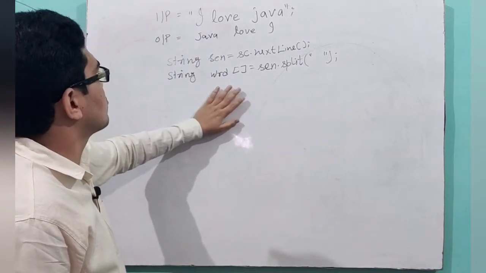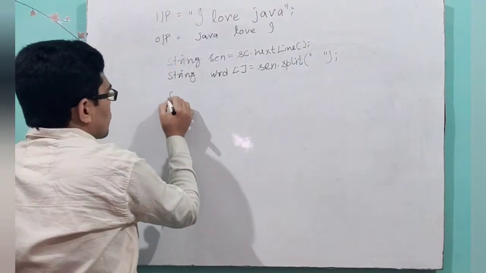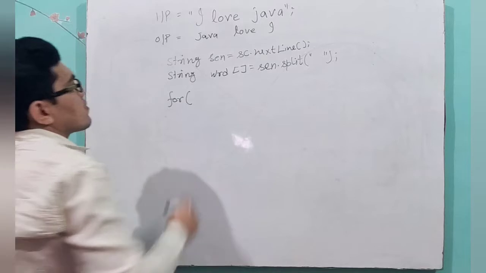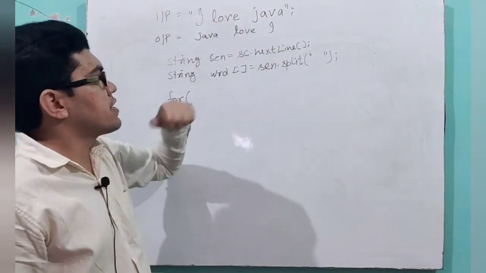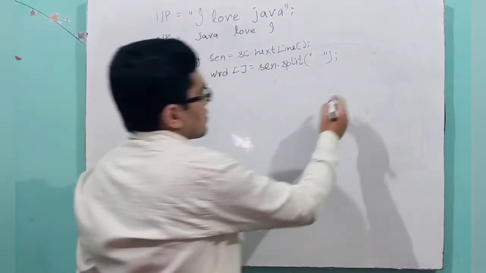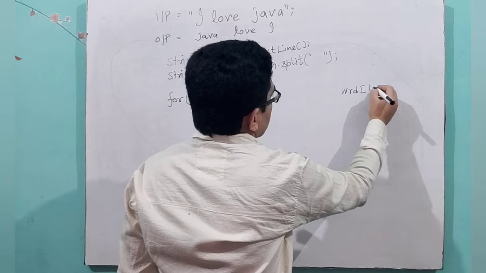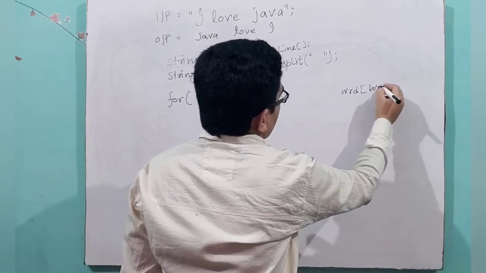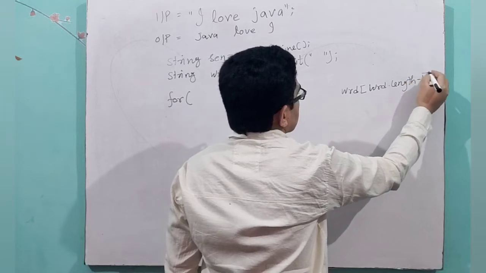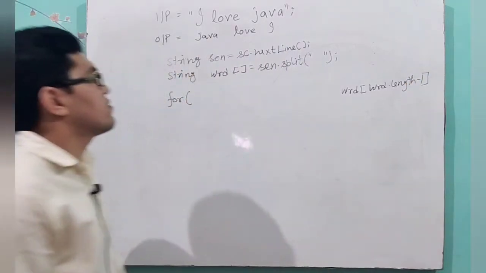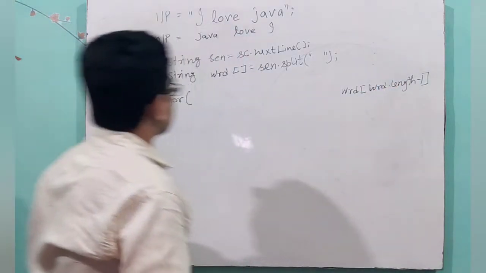Now what we have to do is run a for loop. We have to print the last word first, and the last word will be at wrd dot length minus 1.